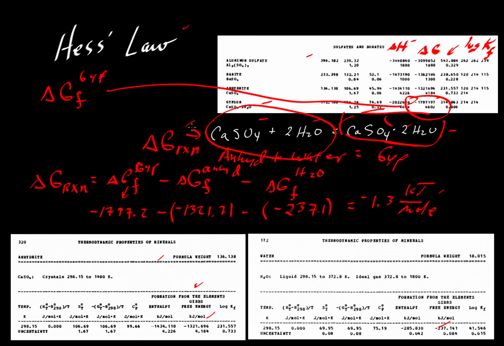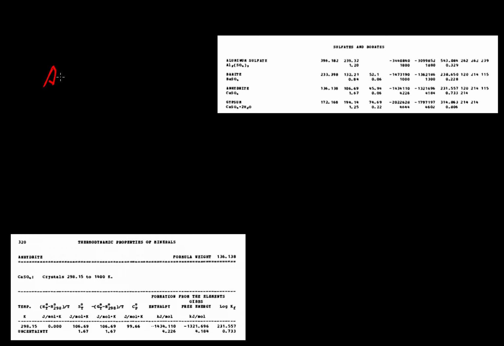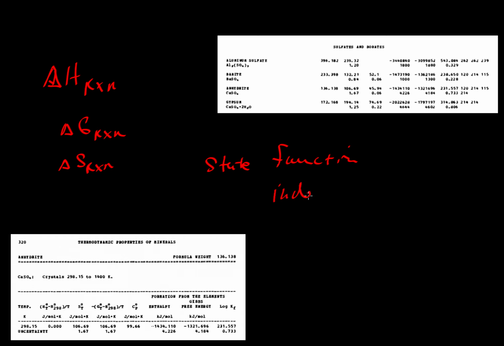of Hess's law. Hess's law can be applied not just to delta H to get an enthalpy of reaction. It's supposed to be a delta. We can use it to get a Gibbs free energy of reaction or a delta S of reaction. Anything that is a so-called state function. And when we talk about something that is a state function, it means that it is independent of the path.